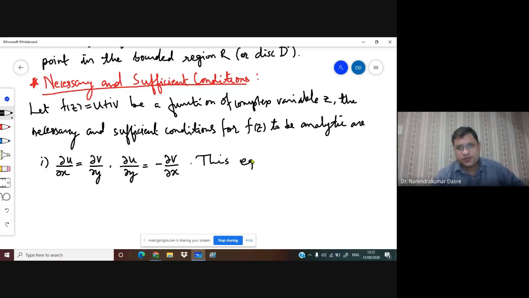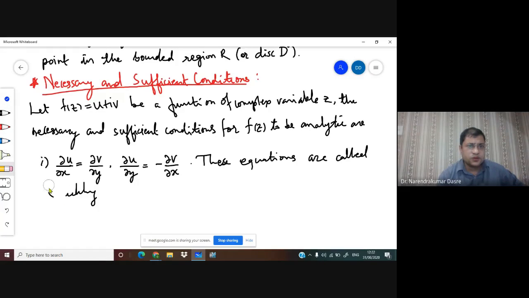These equations are called Cauchy-Riemann equations. Please be careful, some people call this Cauchy.